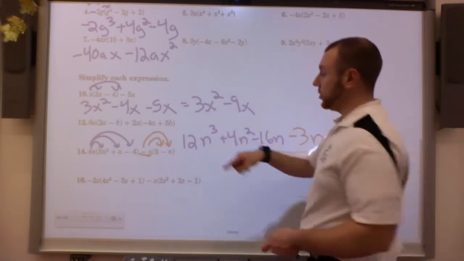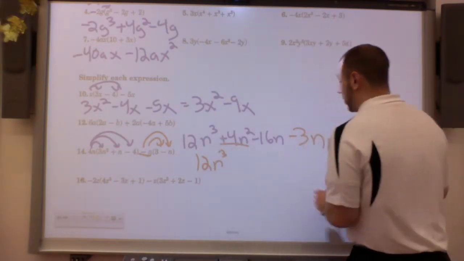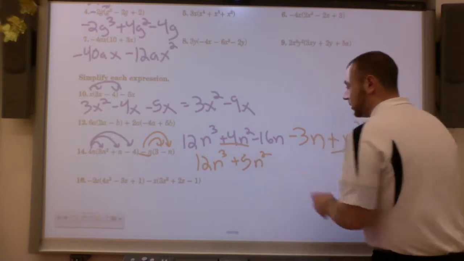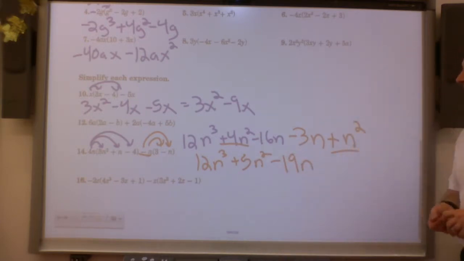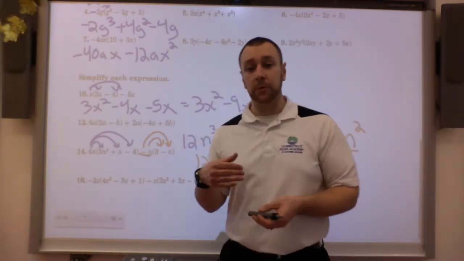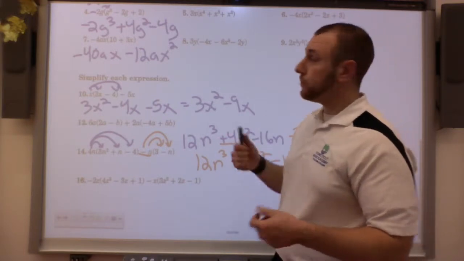So again, there's no n to the third. There are now 5n squareds and negative 19n's. So remember, after you distribute, then you would combine your like terms.